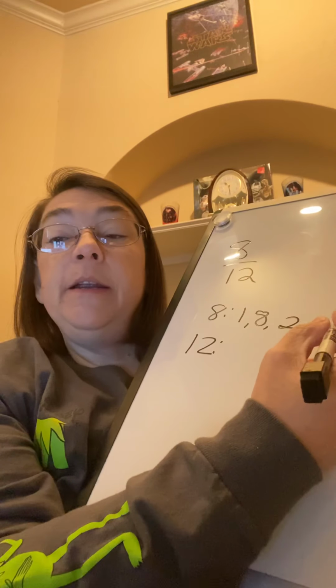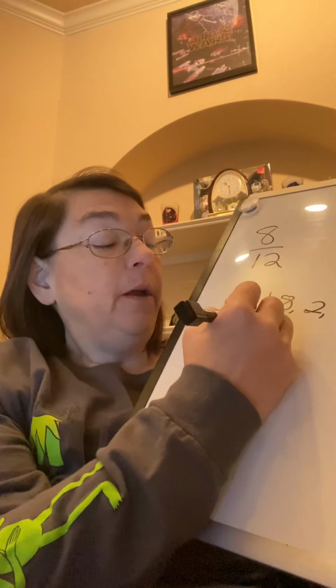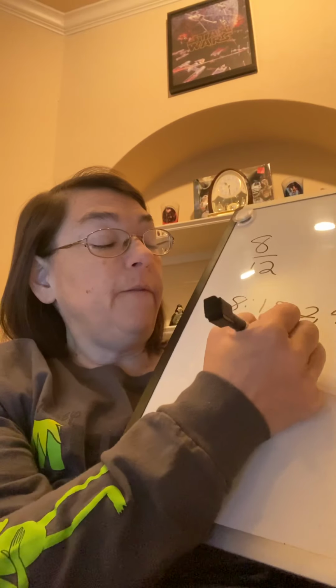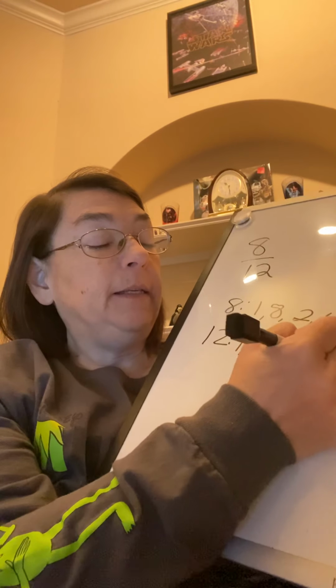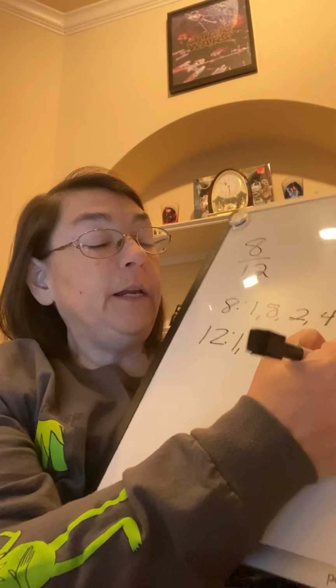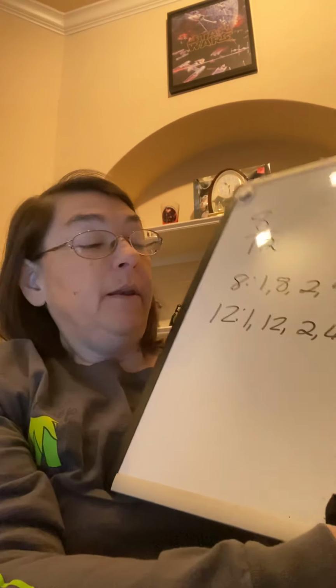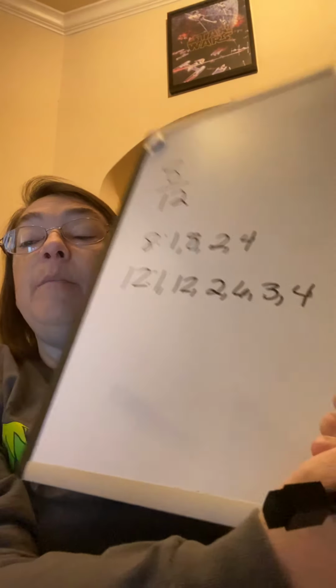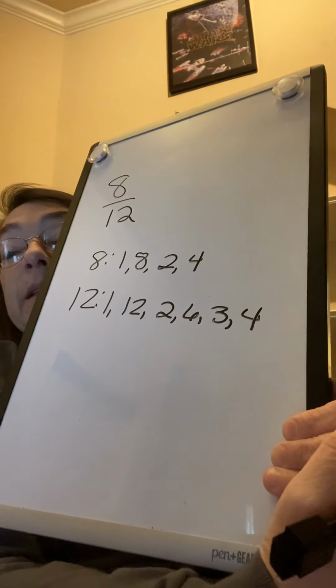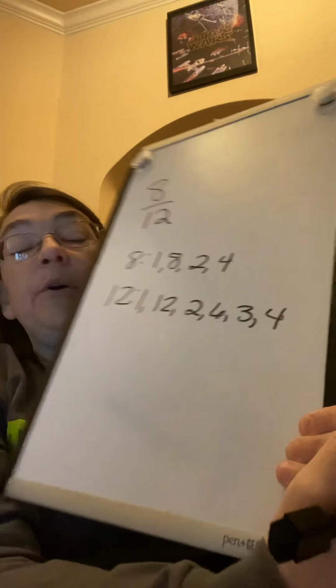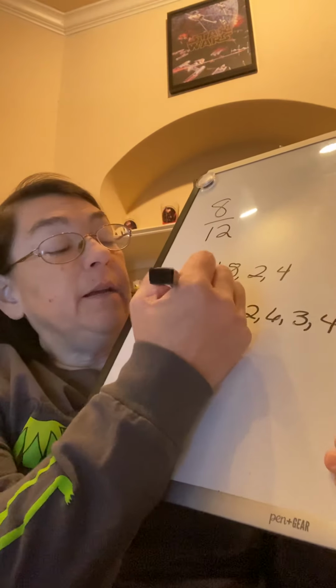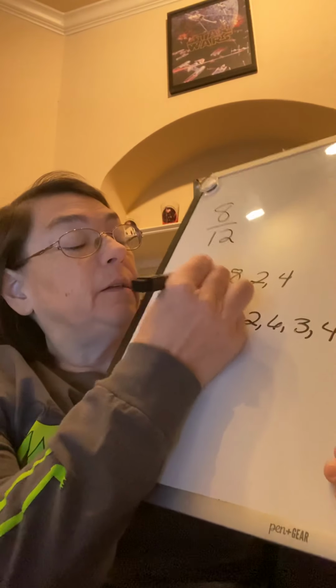Nothing with 3. 4 repeats. So for 12: 1 and 12, 2 and 6, 3 and 4. Now, I want to find the biggest number that can go into both of these. Well, 1 can, but that's not the biggest.